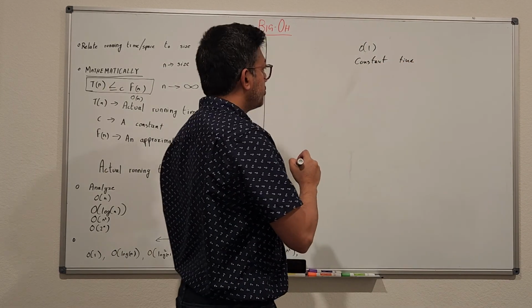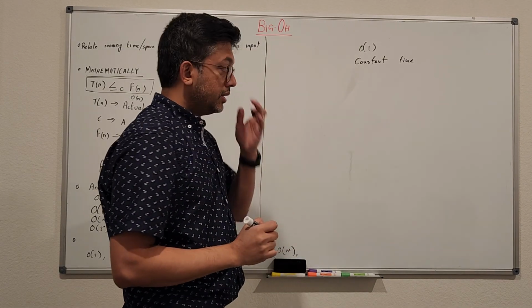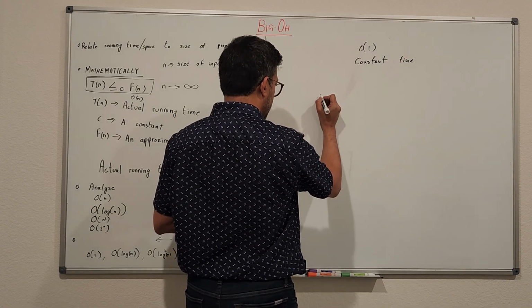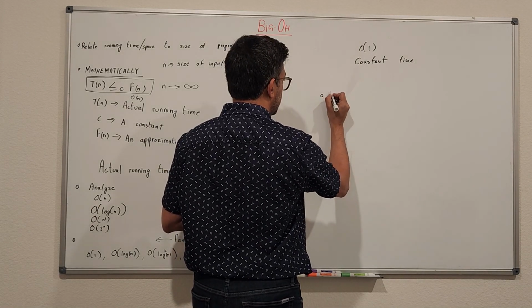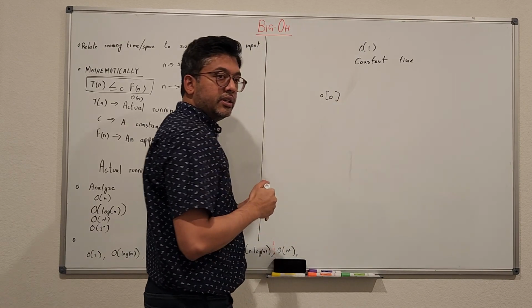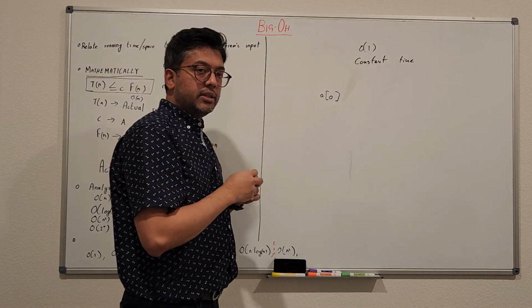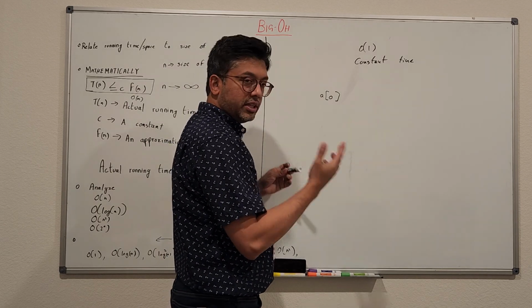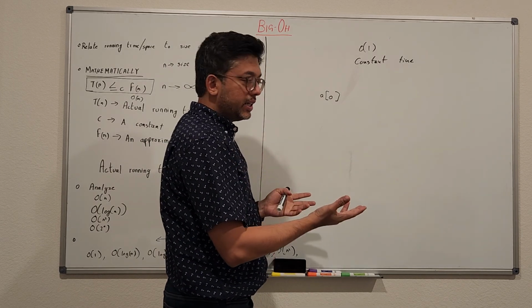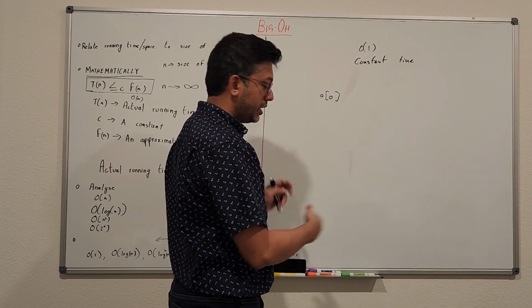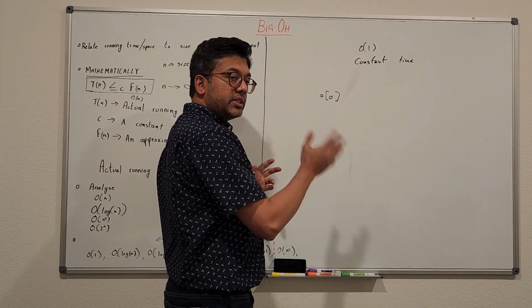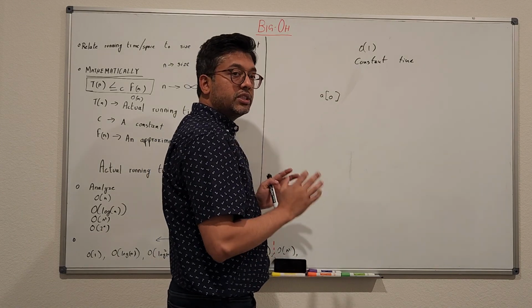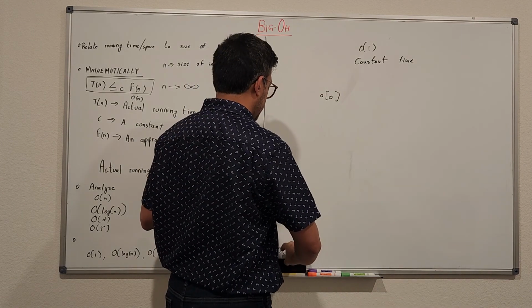An example of this would be, suppose you want the first element in an array, the zeroth index of whatever array is given. It doesn't matter how big your array is. If you want to pick the element at the 0 index, it's always going to take the same time regardless of the size of the array. So a function like that is called constant time, where the time taken does not change with the size of the input.